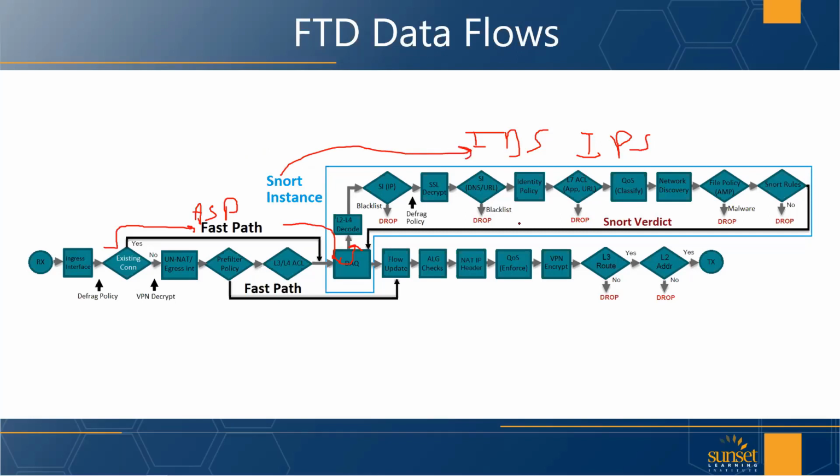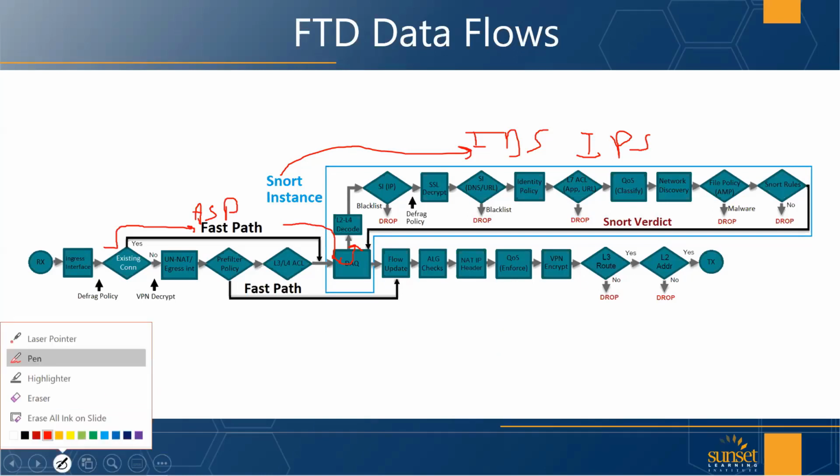Some other firewall vendors will just send the first few packets through. Their IDS, IPS module makes a determination, and then they don't send the rest of their packets through this engine. Cisco does with SNORT, and the reason for that is in case someone tries to do an injection attack during that connection, the SNORT can catch it. Same thing though, every packet still goes through the flow updater and that.